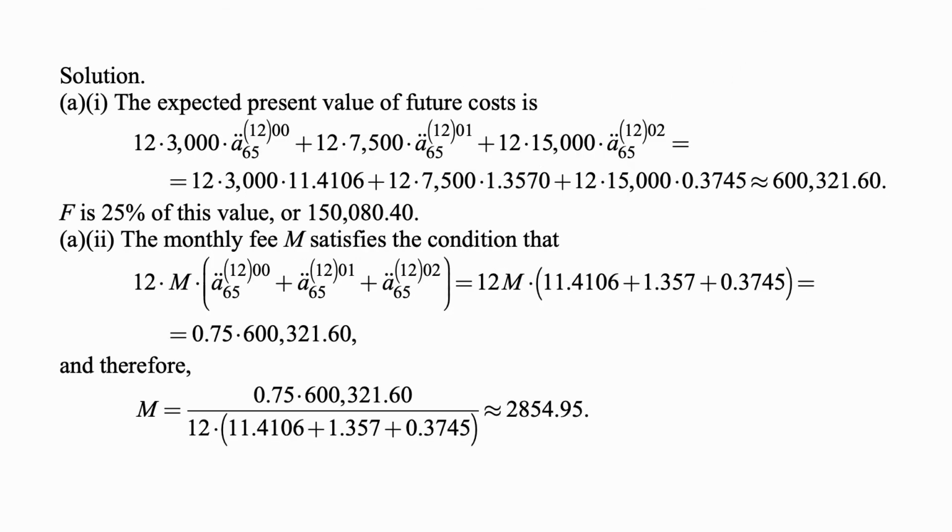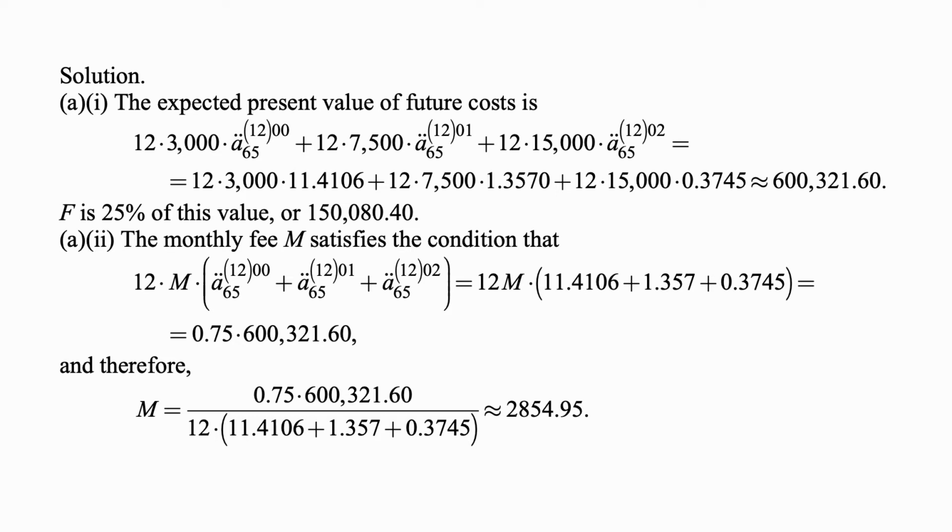And here's a solution. Part A, Part 1. The expected present value of future costs is 12 times 3,000 times ä_{65}^{(12)}, and that's the costs in state 0, plus 12 times 7,500 times ä_{65}^{(12)01}, that's in state 1, plus 12 times 15,000 times ä_{65}^{(12)02}.